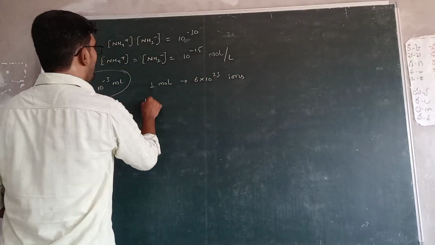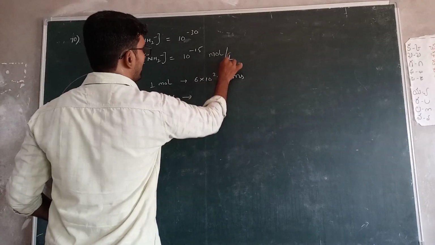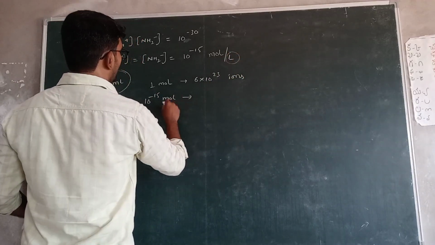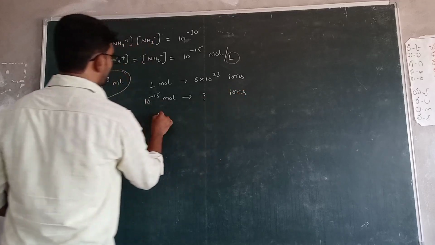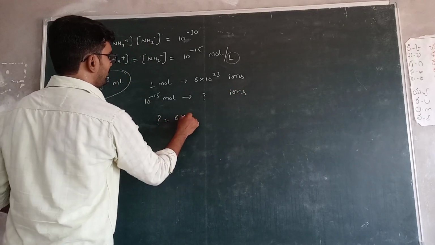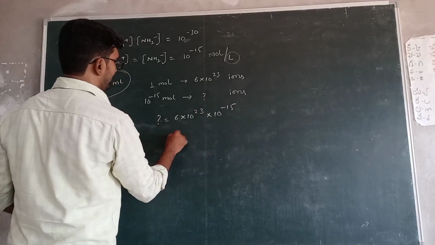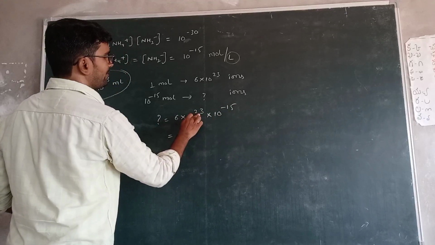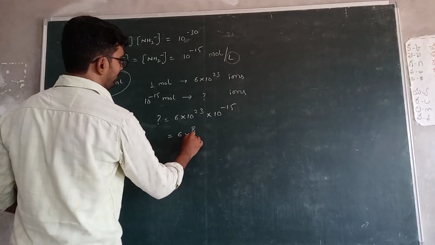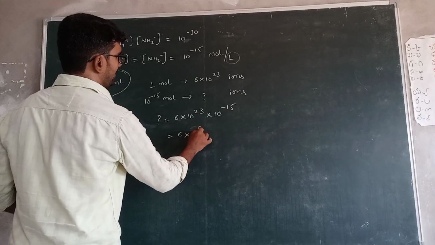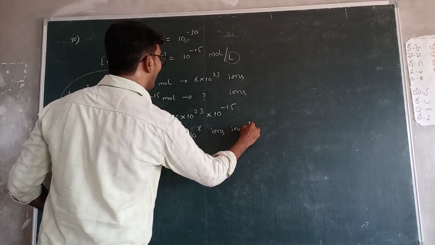Then 10 to the power of minus 15 moles contains, this is for 1 liter we are calculating here, how many ions? 6 into 10 to the power of 23 into 10 to the power of minus 15, which is 6 into 10 to the power of 8 ions in 1 liter.